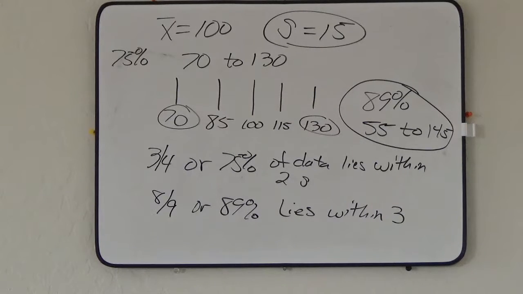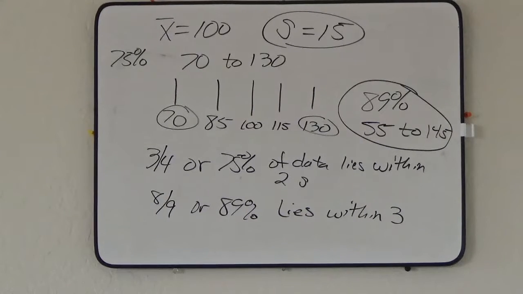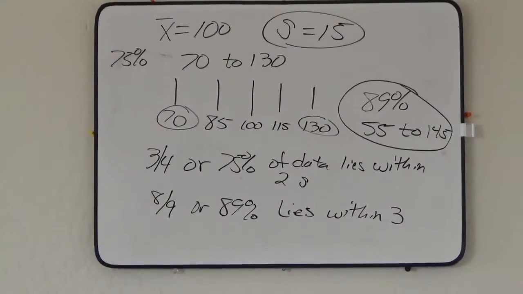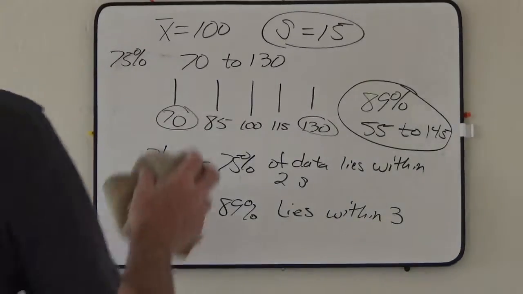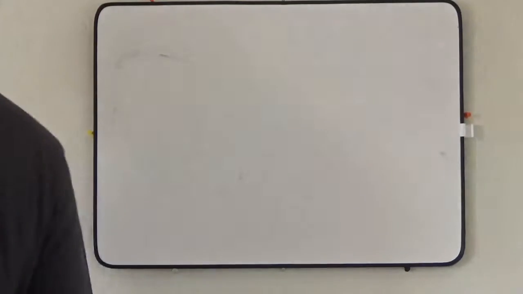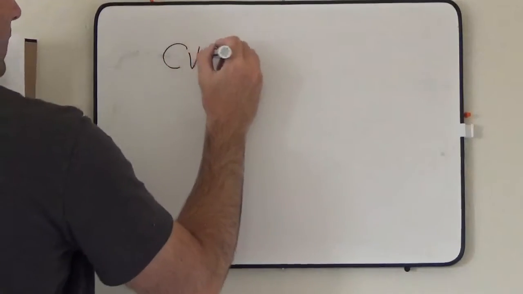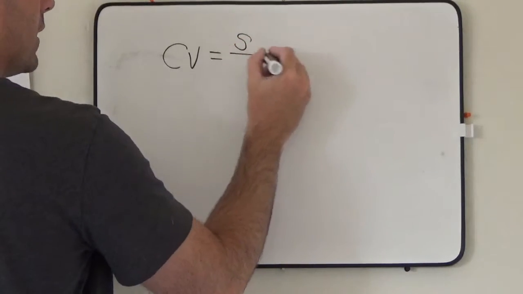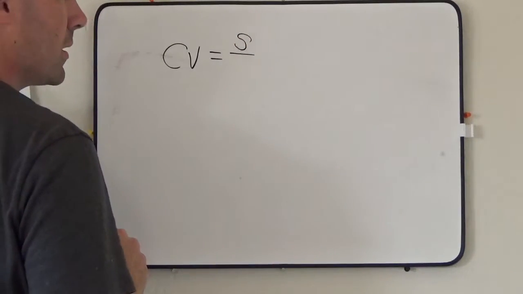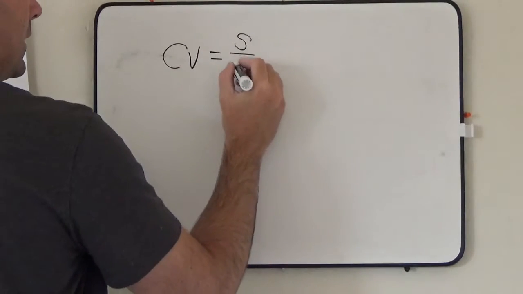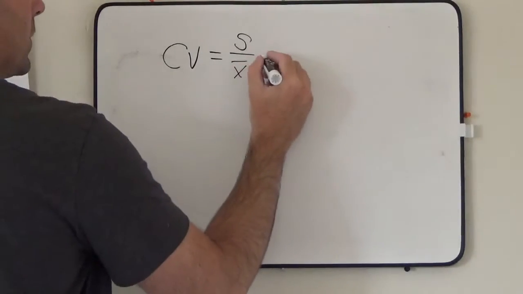Okay, so let me give you the rules. Coefficient of variation is going to be represented by CV. That's going to be the standard deviation of our sample, the reason I know it's a sample is because it uses S, over the mean, times 100.